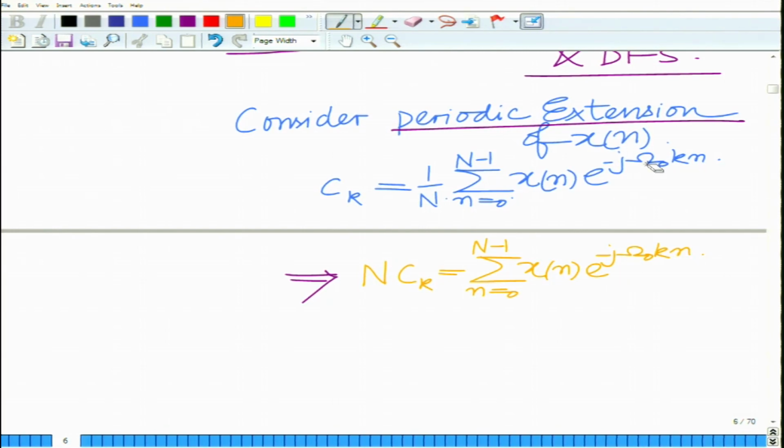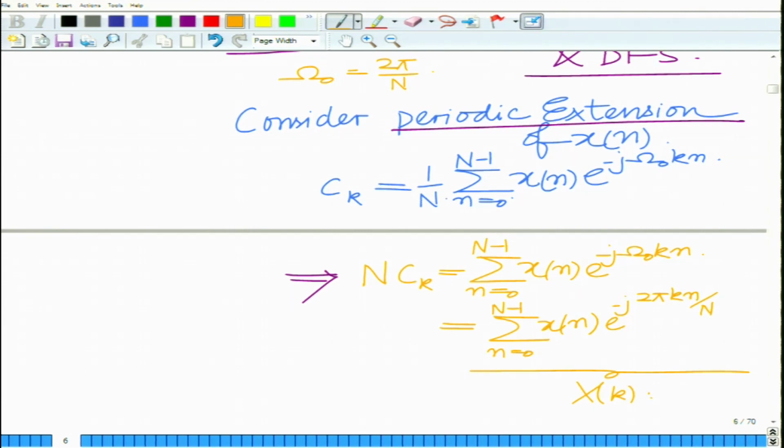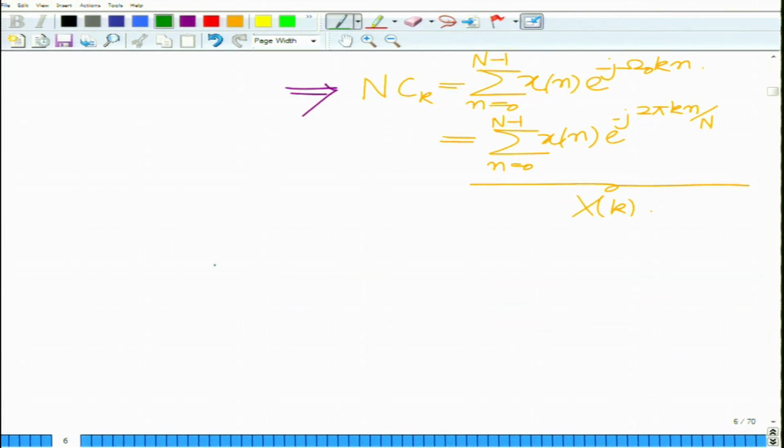In fact, we have omega naught equals 2 pi by N. So, this becomes summation n equals 0 to N minus 1 x n e raised to minus j 2 pi k n over N, which you can see is nothing but the DFT coefficient X of k. So, this implies that if c k denotes the kth discrete Fourier series coefficient of the periodic extension, then N times c k equals X k.